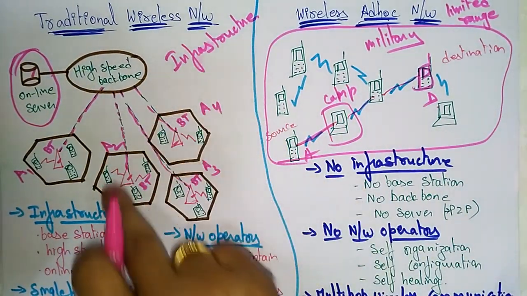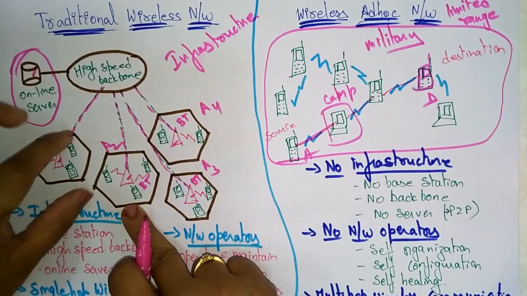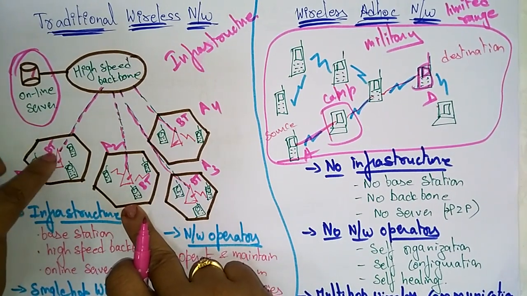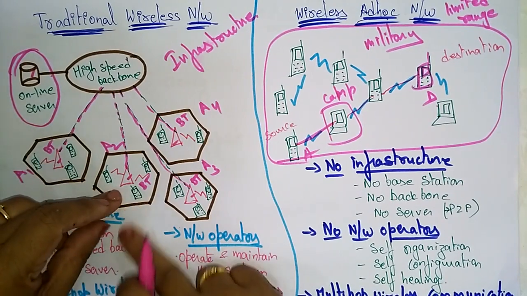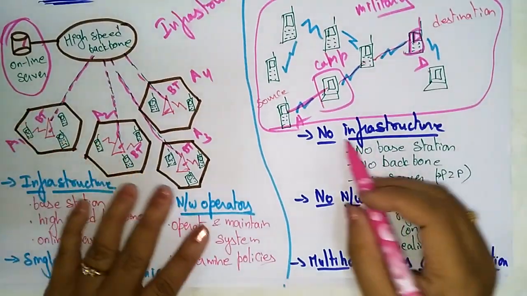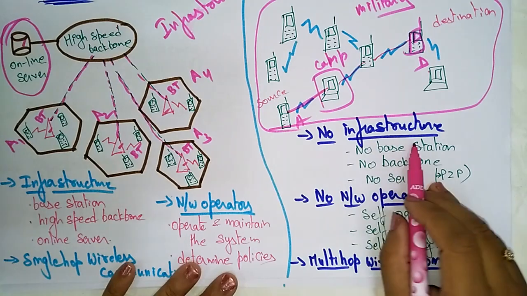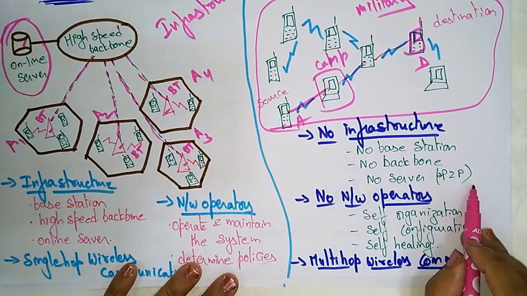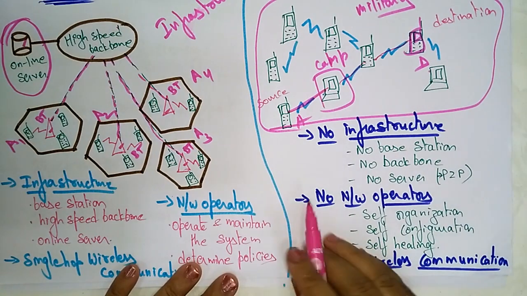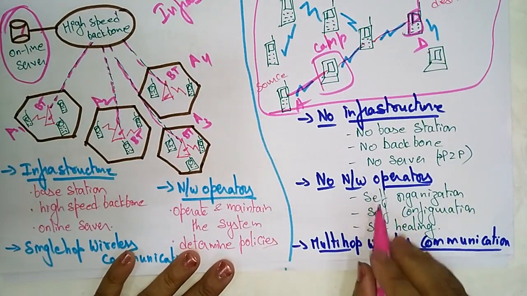In the traditional network, even when beyond range, the base station up to there receives the signal, and if not, it communicates to the next base station, like that. But in wireless ad hoc networks there is no infrastructure: no base station, no backbone, no server. That is a peer-to-peer network. No network operators are required.